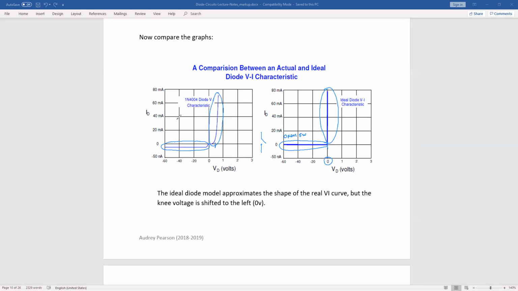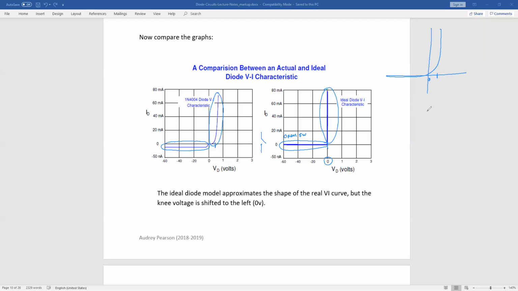So this does somewhat match up with our actual VI curve for the diode, because that looks kind of like this. We've got that kind of gentle curve. But the difference is, that's supposed to be a straight line. The difference is that it makes that vertical turn after this vertical axis, so after 0 volts.